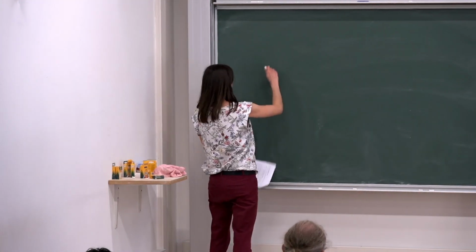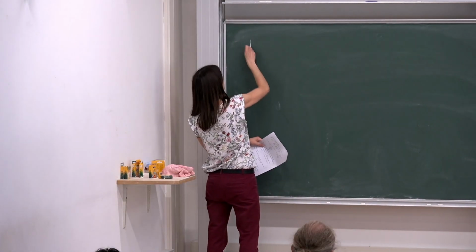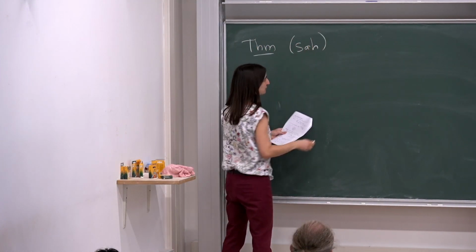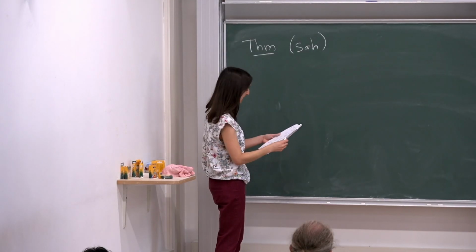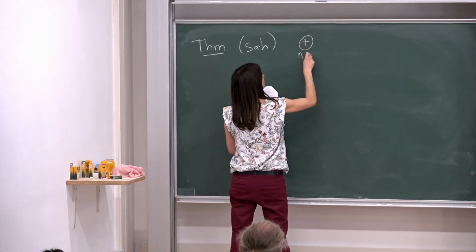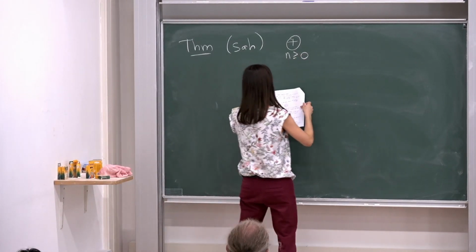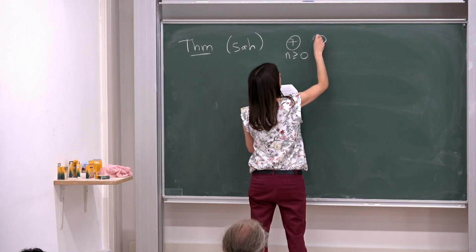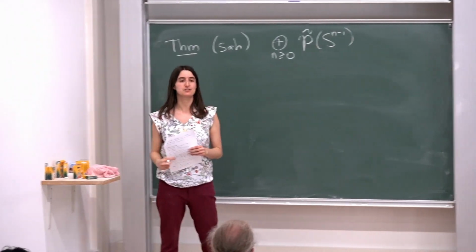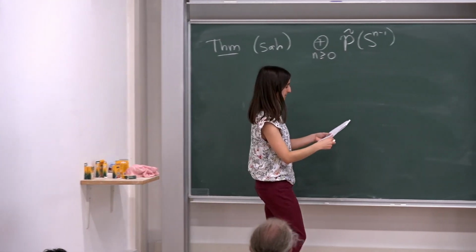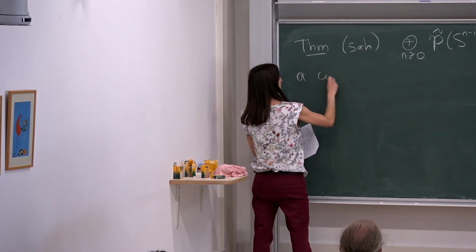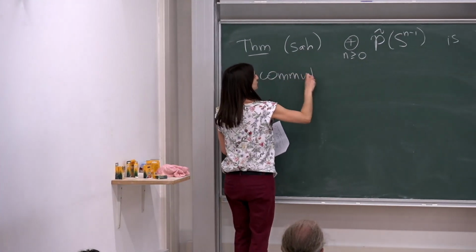So this is a theorem of Sah from around 1980, which says that the sum of all of these reduced spherical scissors congruence K-theory groups is a commutative Hopf algebra.